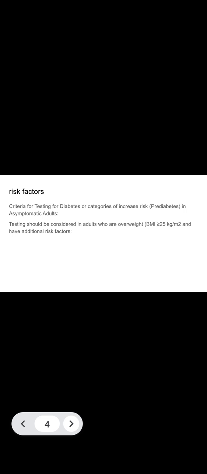So the risk factors: adults who are overweight and have other risk factors. What are the other risk factors? Physical inactivity, first degree relative with diabetes, and it's more genetically mediated in type 2 diabetes than type 1 diabetes. Hypertension, which is blood pressure more than or equal to 140/90 millimeter mercury, or on therapy for hypertension. And history of cardiovascular disease.